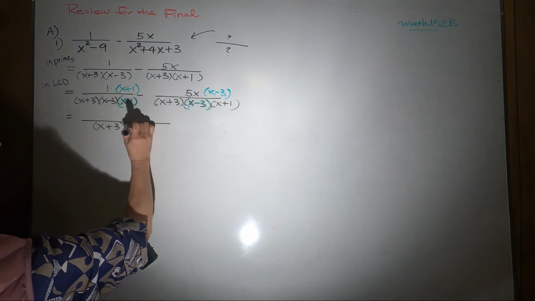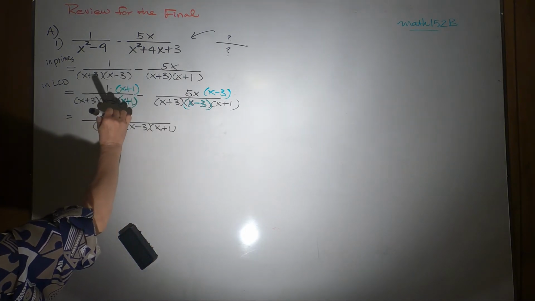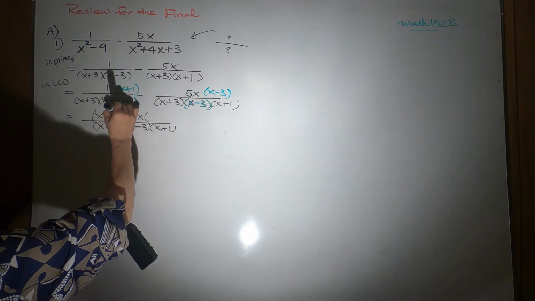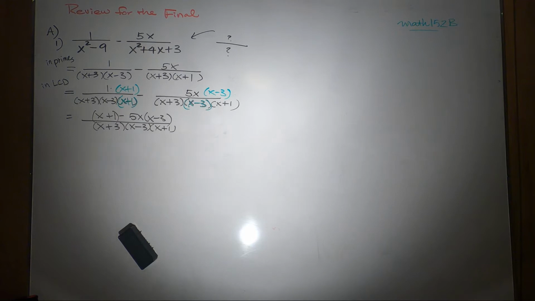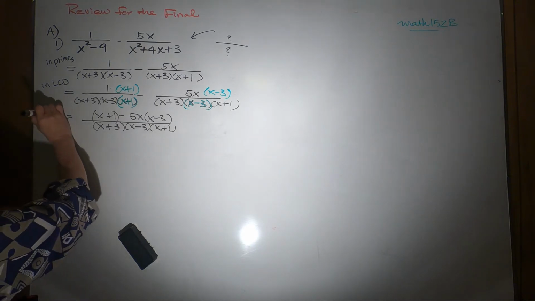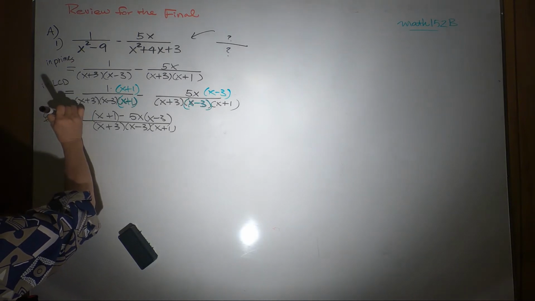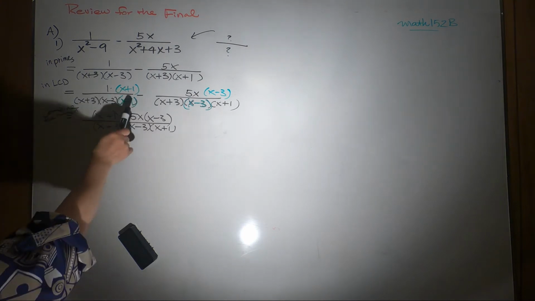Then put them together. That would be x plus 1 minus 5x times x plus 1, x minus 3. So you combine the numerator. I didn't multiply them out directly because you get messed up, because that's a minus.